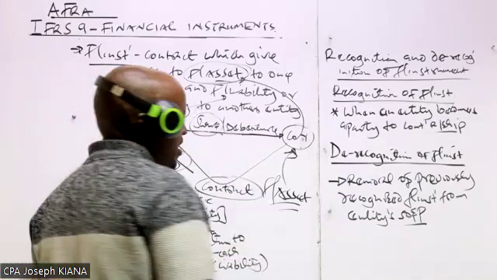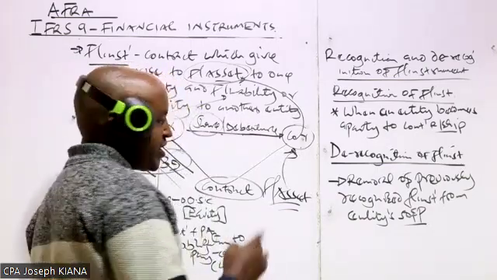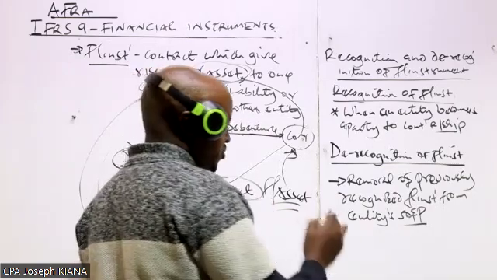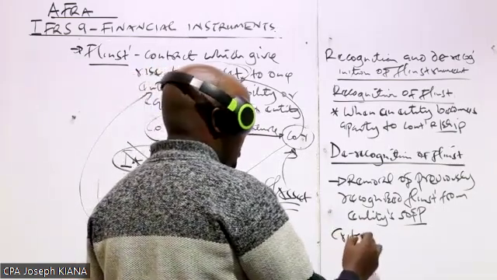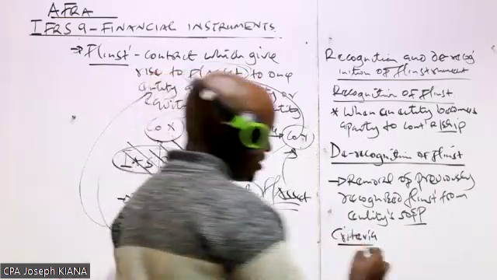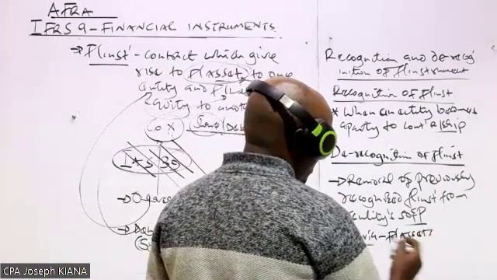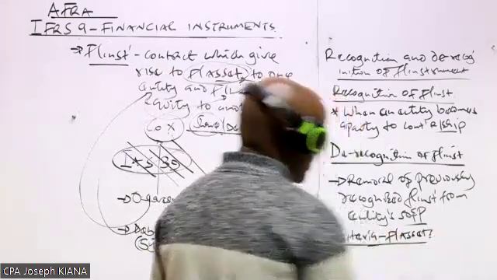Now, IFRS 9 has actually given the criteria for de-recognizing financial instruments, and those criteria are classified into two. We can talk first of all about the criteria to de-recognize a financial asset. What are the criteria for de-recognizing a financial asset?